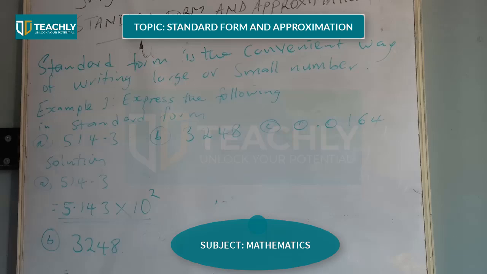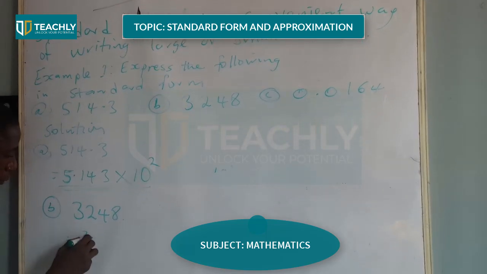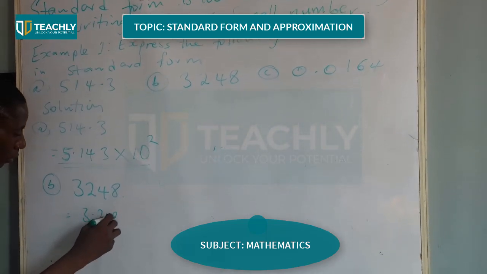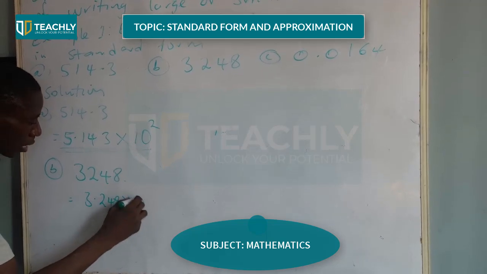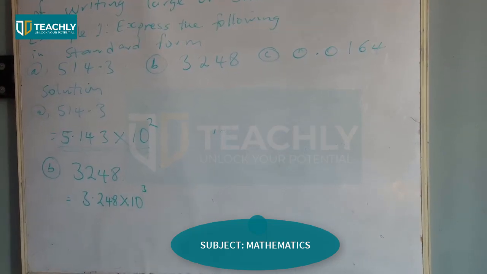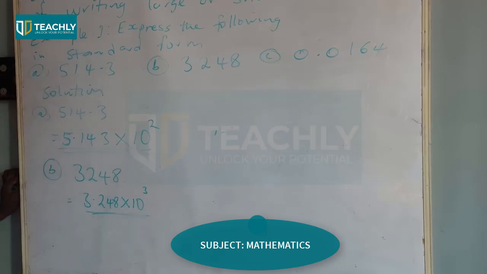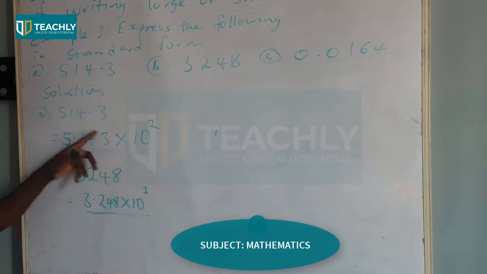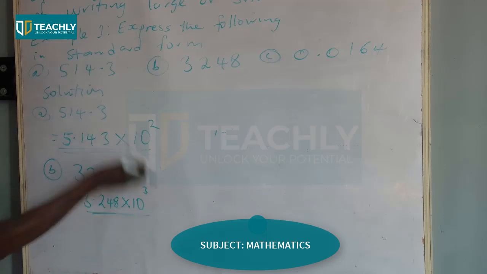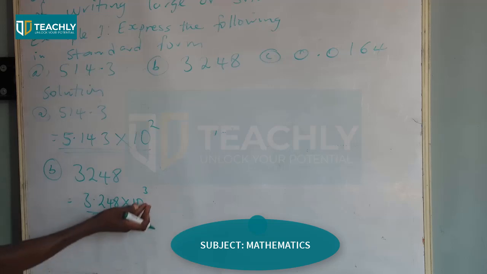You shift it 3 times. It will be 3.248 multiplied by 10 power 3. So this is the standard form. All the time you shift the decimal point, you take it to the back of the first number, and when you shift from right to left, it is a positive power of 10.